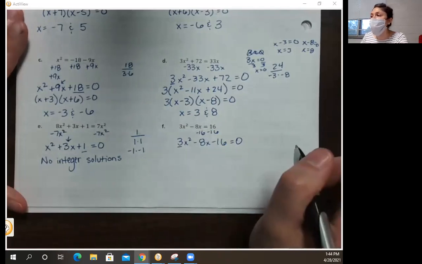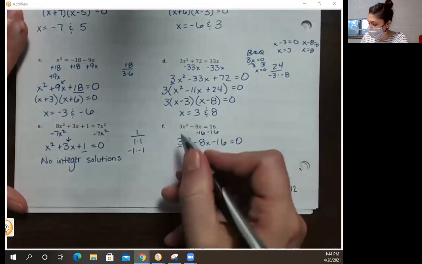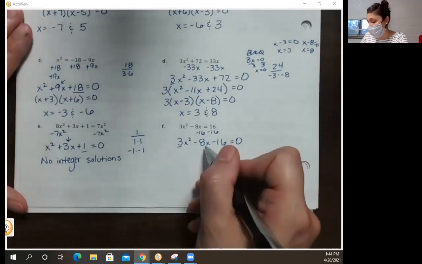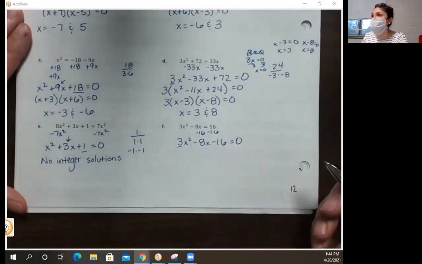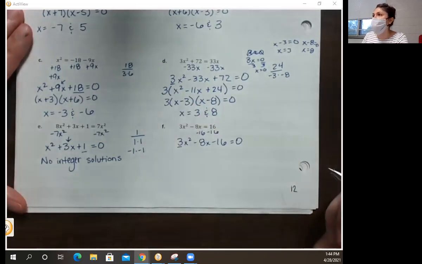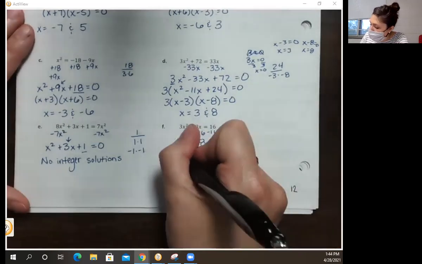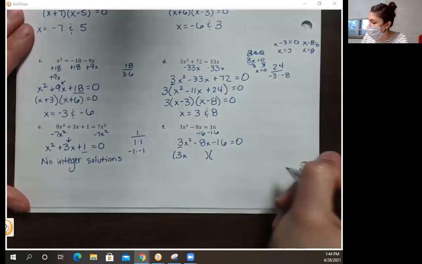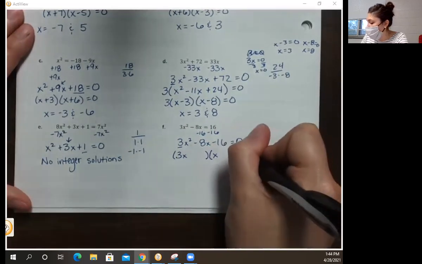First thing I want to check, is it a GCF? So is 3 a GCF for this problem? Nope. I can't divide 8 or 16 by 3. I would have remainders there. So I can't factor it out the way we did in D. That means that as I write my factored form, one of my factors is going to start with a 3x, and the other one will just start with x.